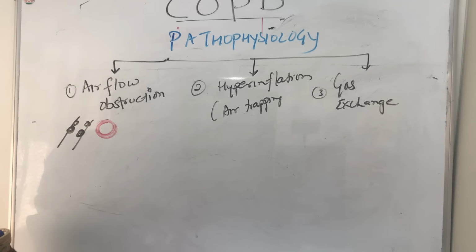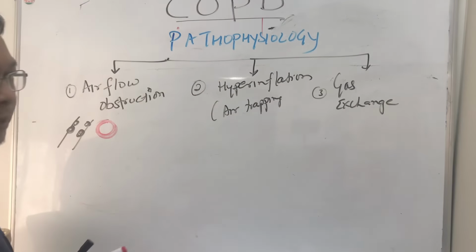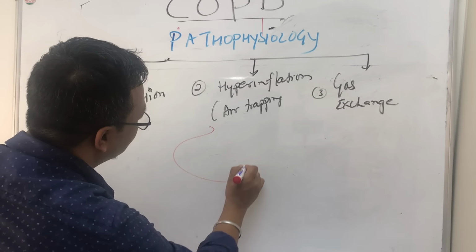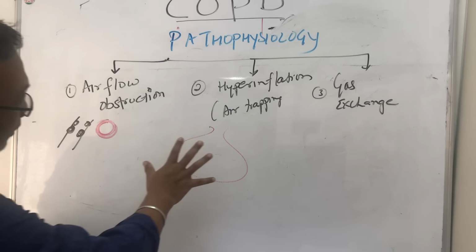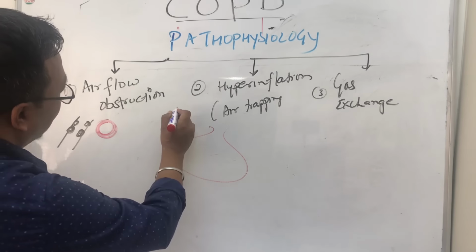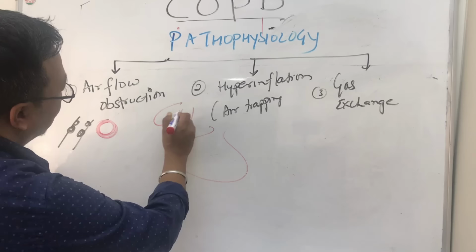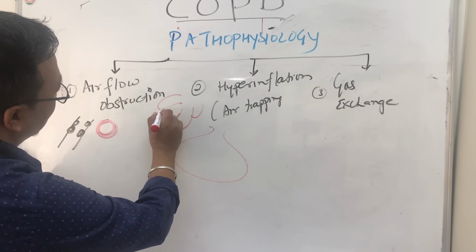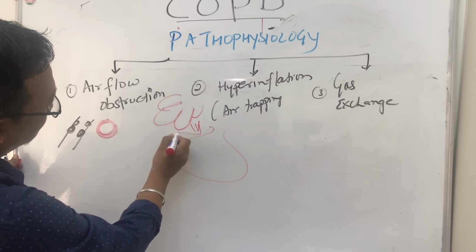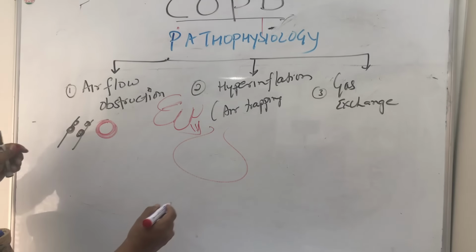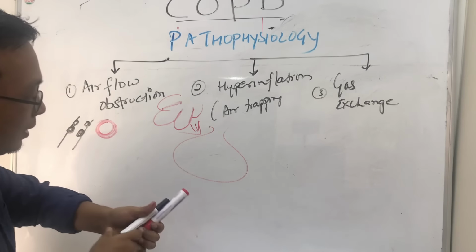What happens in emphysema? There is hyperinflation because there is one large sac. As we discussed in pathology, the alveolar septums are destroyed, so it becomes one large sac which cannot recoil.